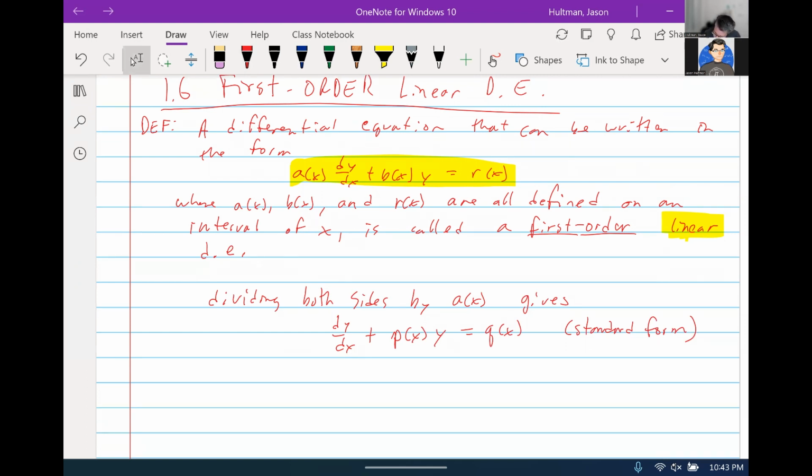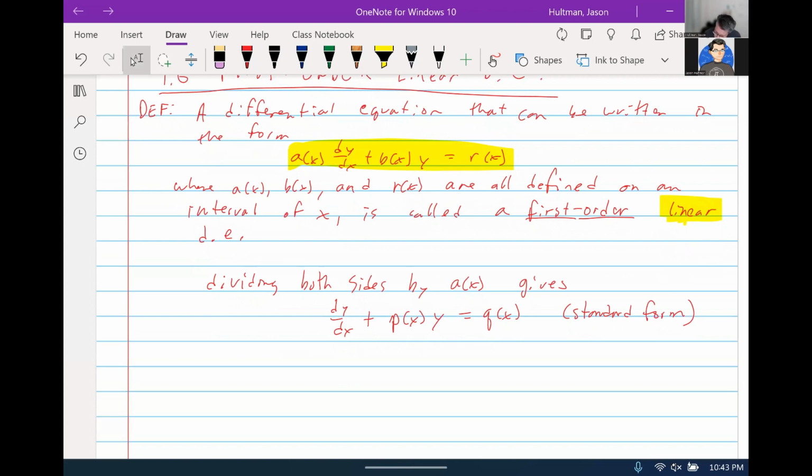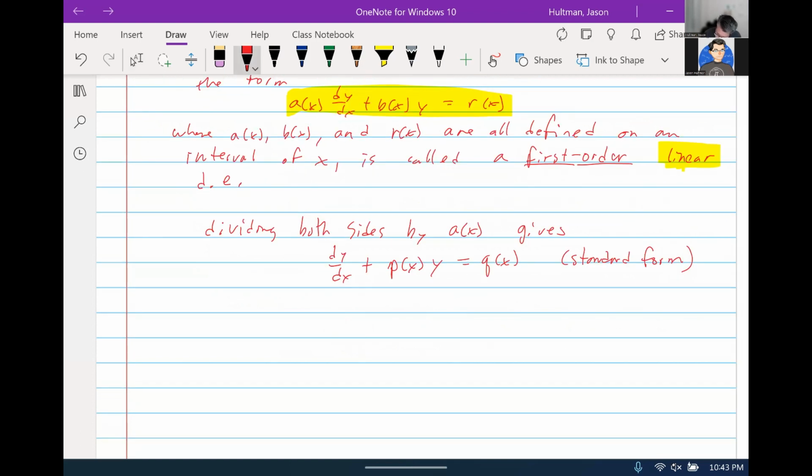Okay, the goal here in solving this linear differential equation is that we need to find I of x, which is equal to e to the power of the integral of p of x dx, where the constant that I would get from my integration, we're just going to set equal to 0.